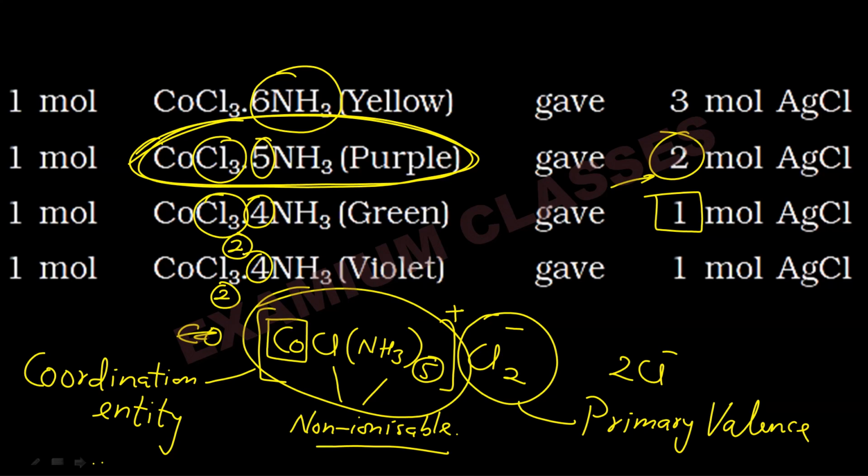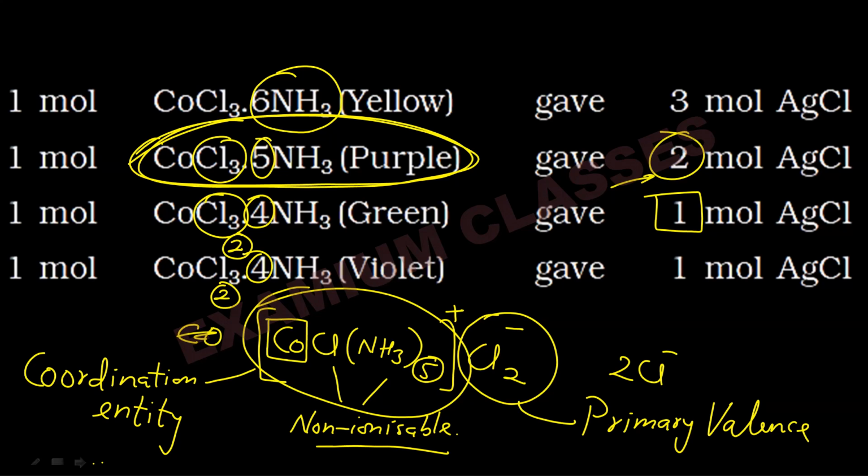It will not change. The compound can change. The compound can be different. It may not be chlorine and ammonia; it can be something else also. Even then, the secondary valence of any metal will never change. It will be constant. It will be 6. Simple.